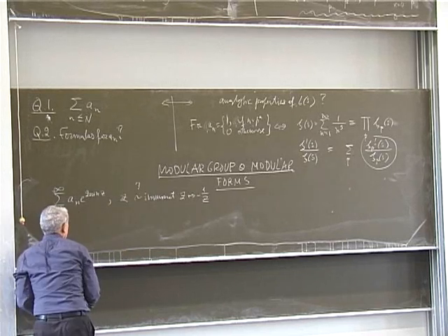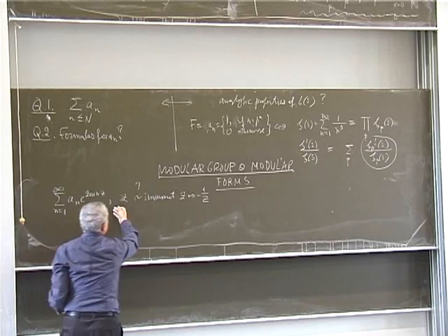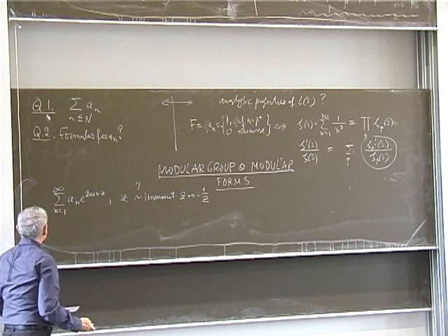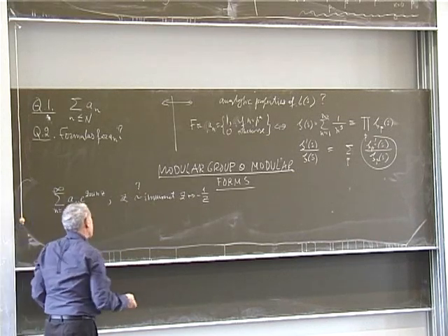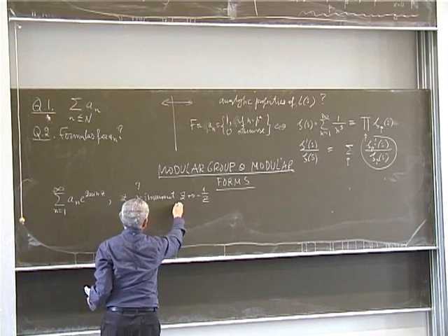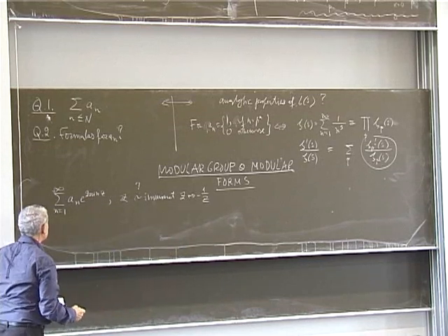So this property, of course, already puts some restrictions upon the series I will be considering. I must say precisely what kind of invariance I want.